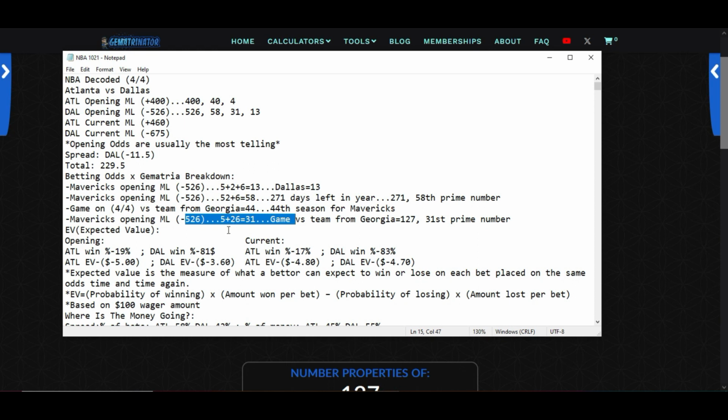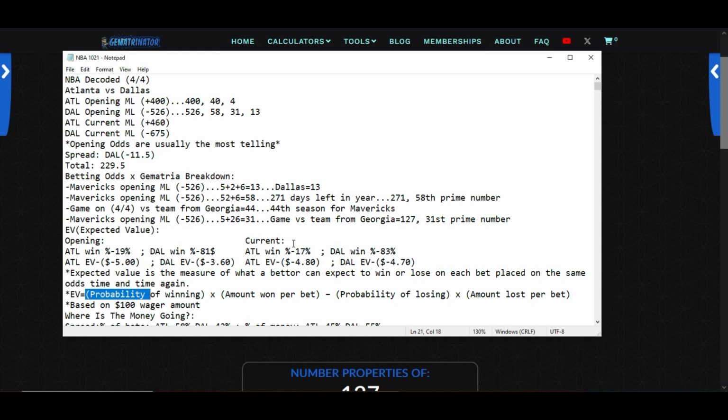All right, expected value is on the screen. Expected value is a measure of what a bettor can expect to win or lose on each bet placed time and time again, based on the same odds. The formula is just beneath it right here on the screen. It will also be in the description. Look out for that. And basically, it's just the amount you're going to expect to win or lose. The win percentage for Atlanta opening is 19%, 81% for the Mavericks.